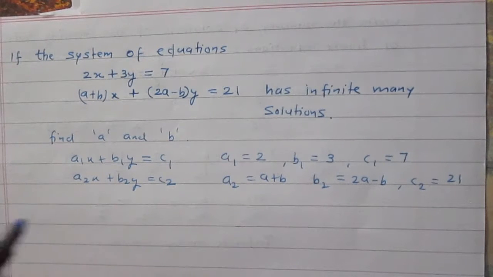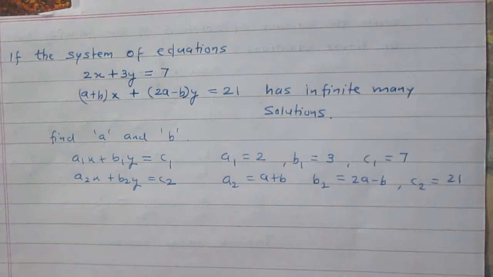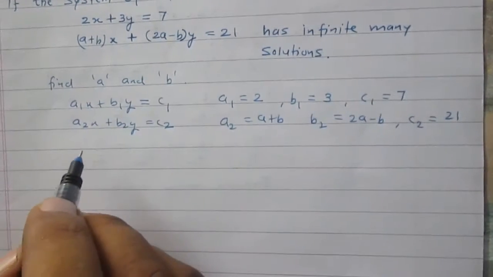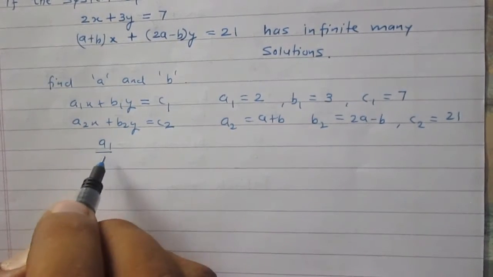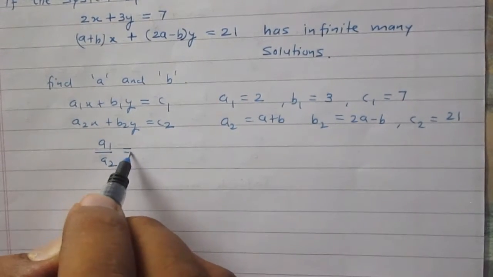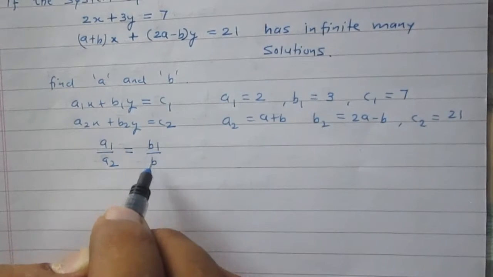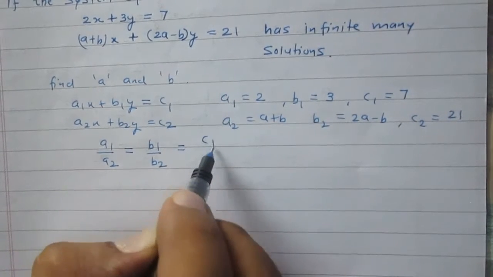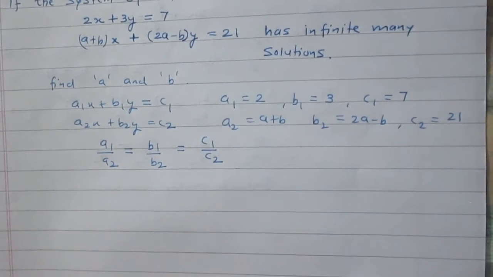Now, if this pair of linear equations has infinitely many solutions, then there must be a condition, that is a1 upon a2 is equal to b1 upon b2 is equal to c1 upon c2.